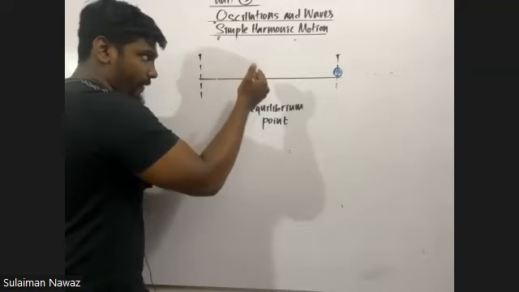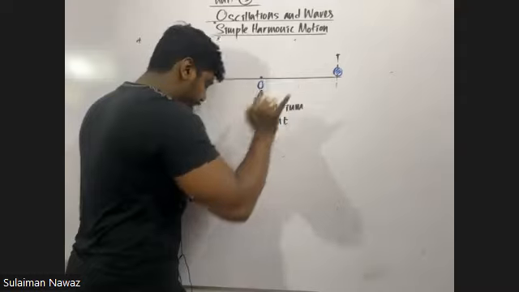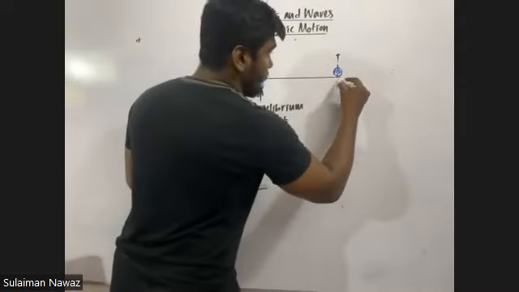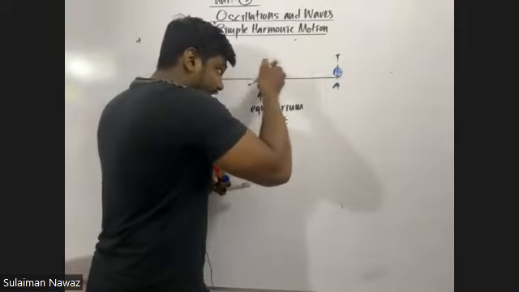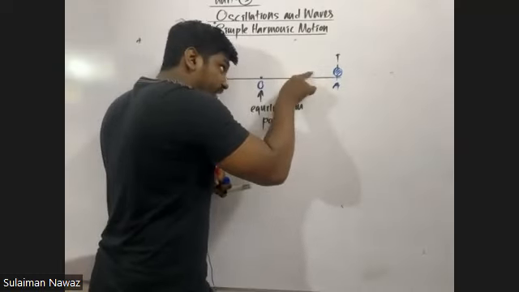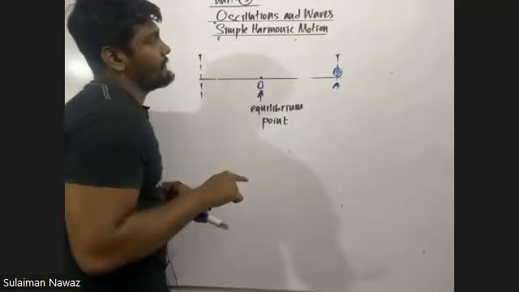From the equilibrium point, when this object is exactly at this point, capital A, the object is at the maximum displacement in one direction from the center.